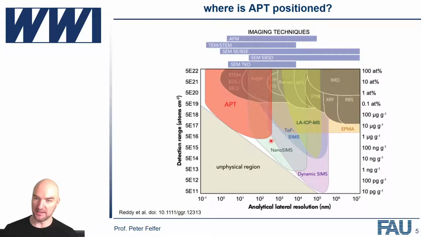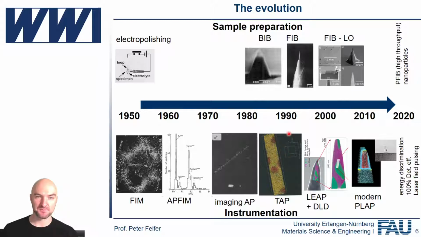But usually the volumes are even smaller. So if you want to have something where we are volume-wise statistically relevant, usually we go to other techniques like SIMS if you're planar, or some electron microscopy techniques like SEM, STEM, or a microprobe or something like that.